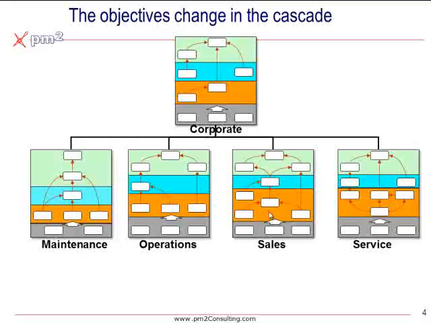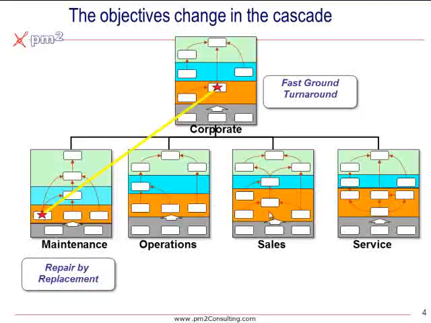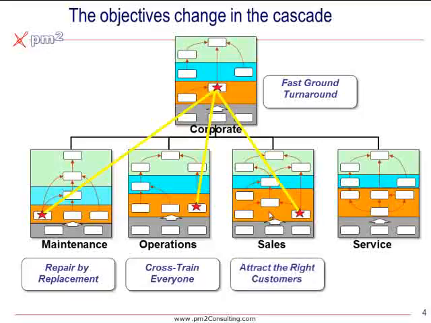More importantly, the objectives will change. If we have an objective like fast ground turnaround time at the corporate level, that may cascade to something like repair by replacement for maintenance. Operations, maybe they need to cross-train everyone to compensate for sickness and so forth. Sales, they have to make sure they attract the right customers. And service, maybe they should enable self-help.